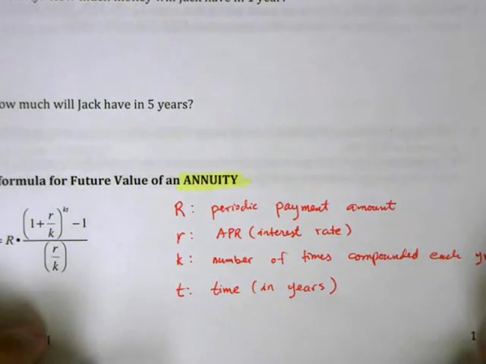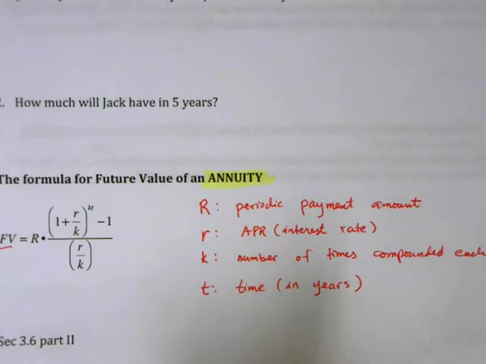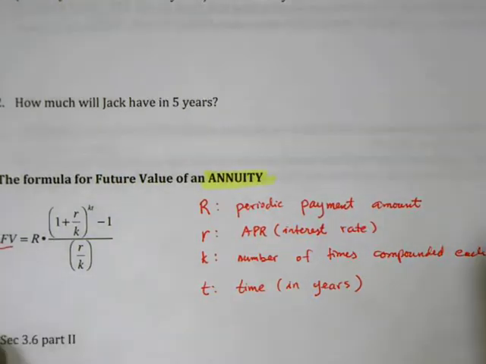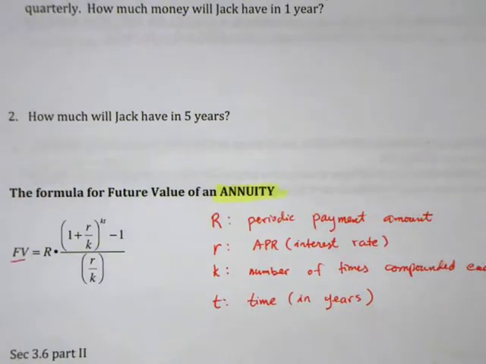Once again, deriving this equation is very satisfying, and we will get to it later on when we get to sequences and series. But for the moment, unfortunately, we're stuck with just using it. But it can help us quite a bit, and we can get a lot done with just this equation. So let's go back to our problem, where it says, how much will Jack have in 5 years?